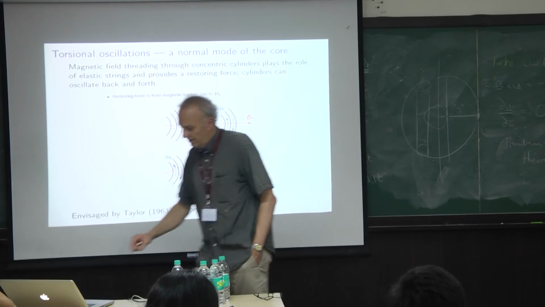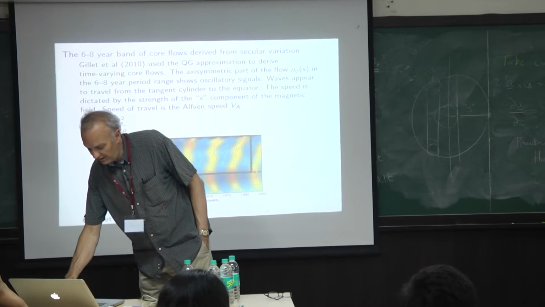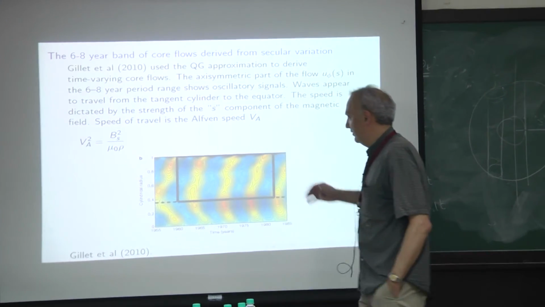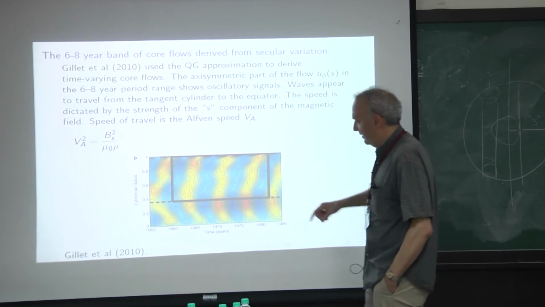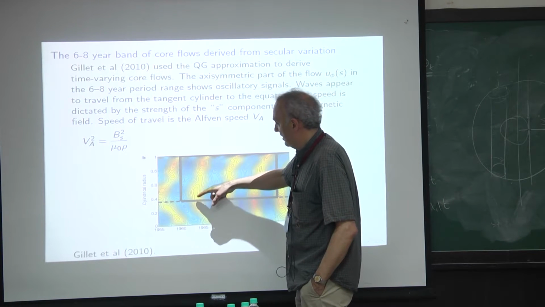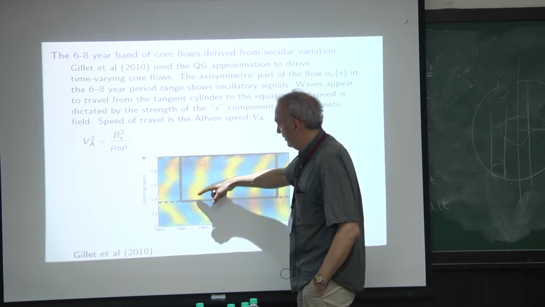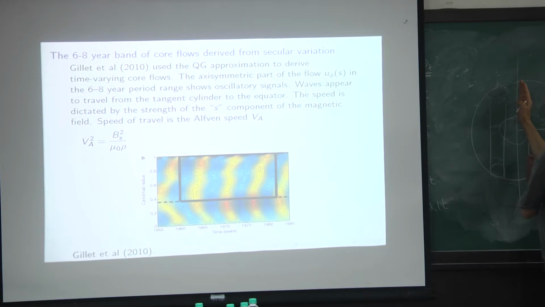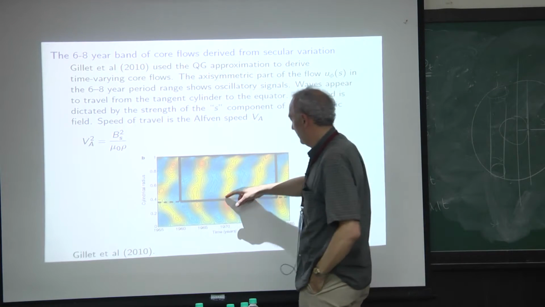And what we see in the observations, first of all in the first paper of Gillet, is these waves which seem to travel across the core. They're rigid cylinders, and the waves are traveling outward from the middle of the core outwards.